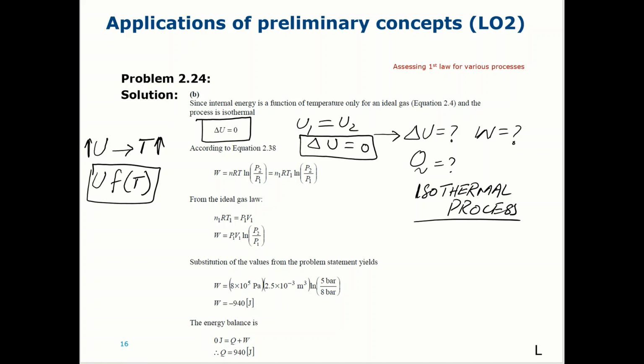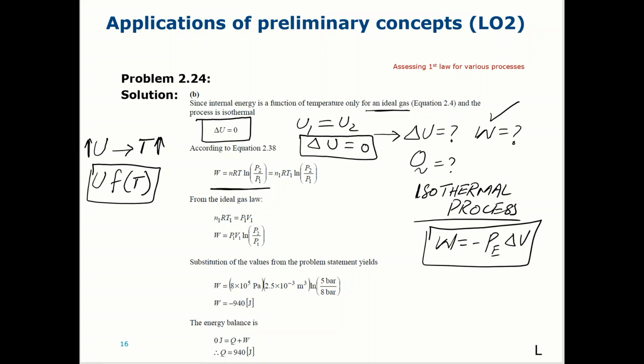Now the second part of part B was work done. Now can we use this work done formula? The answer is no, because if you remember in the statement, we have an ideal gas, and for an ideal gas we have a different formula which is written here, right?